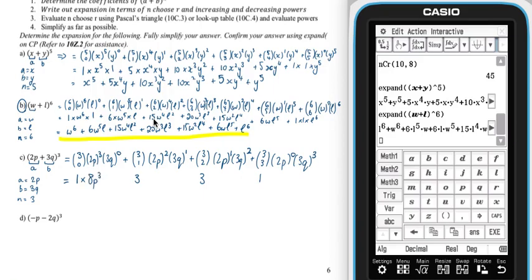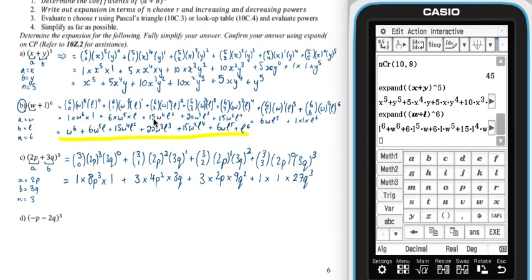P cubed times by anything to the power of 0 is 1. 2p squared, 2 squared is 4, p squared, times by 3q, plus 3 times 2p to the 1 becomes 2p, times by 9q squared, plus 1 times by 1 times by 3 cubed is 27, q cubed.